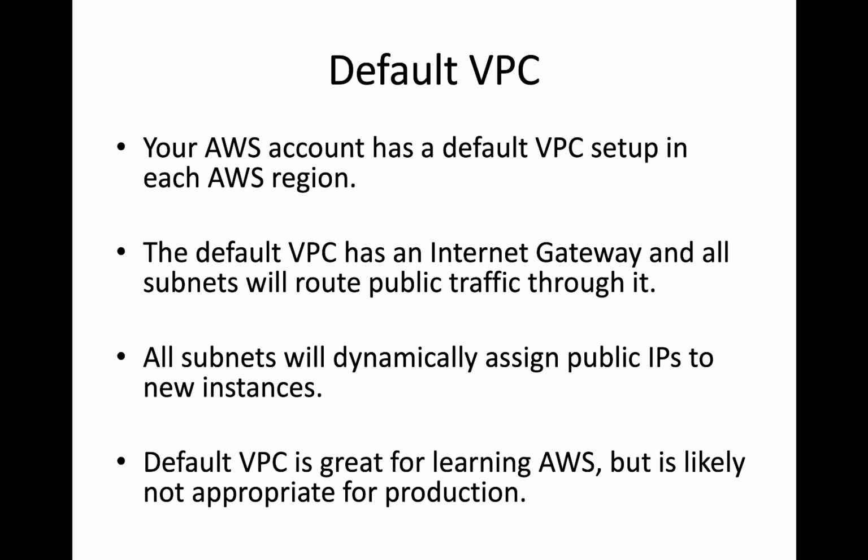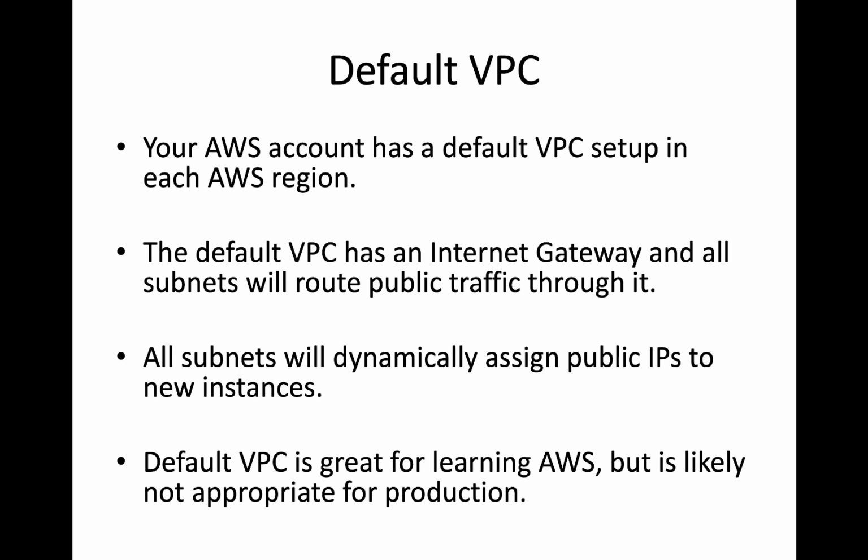And while the default VPC, I think, is great for an initial onboarding experience and as an initial learning tool, the default VPC is not something that you should use in a production setting. It's not something you would use when you're configuring AWS for your organization.